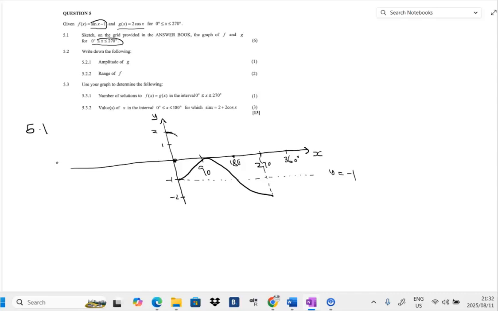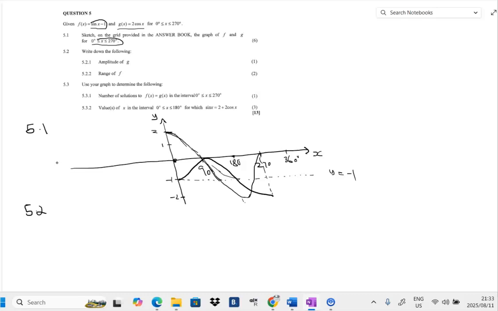It's supposed to start from here. Well, we have -2, so it's going to start from here, going down to here, then it's supposed to go up, but then it's going to end here. It is going to end at 270. Here it is 180. Okay, we're done with sketching the graph.